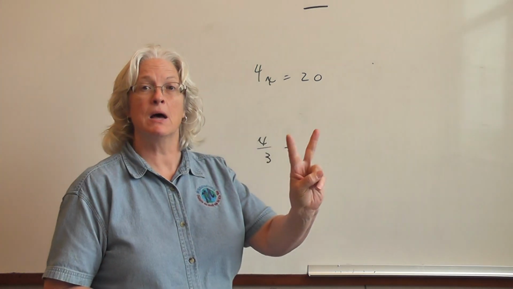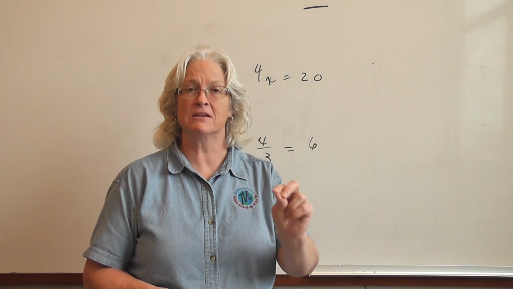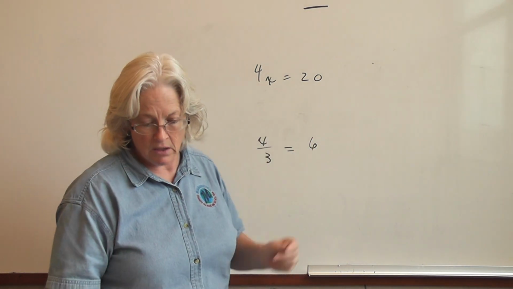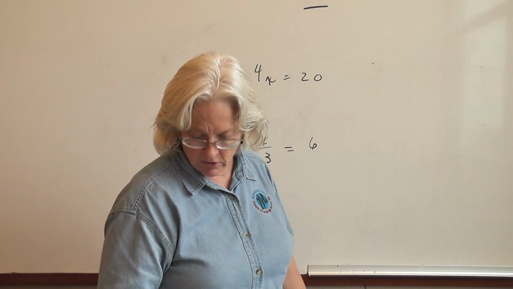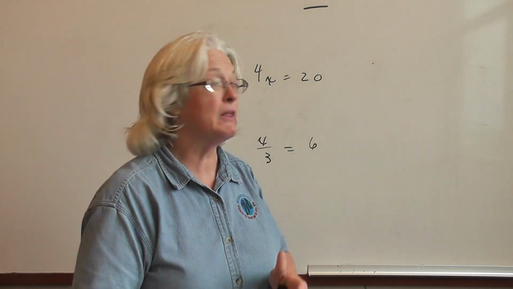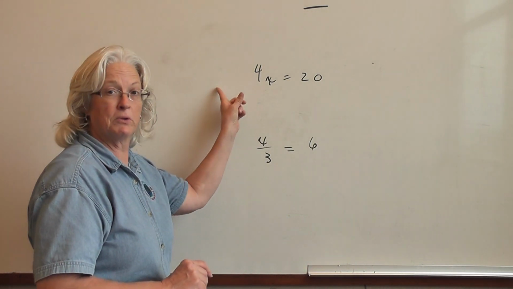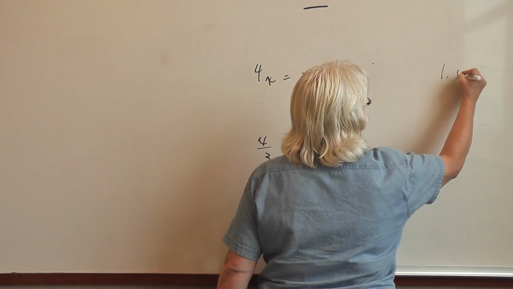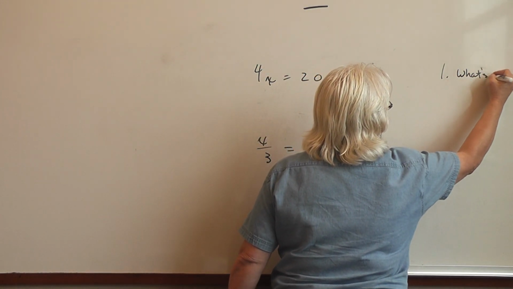But there were two steps involved in solving a basic algebraic equation. First, you saw what has been done to the variable. And if you look in your book on page 131, it says, identify the operation that has been performed on the variable. So, what's up with the variable?